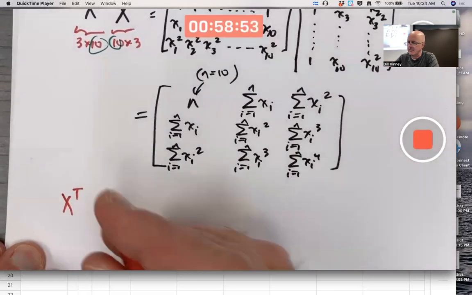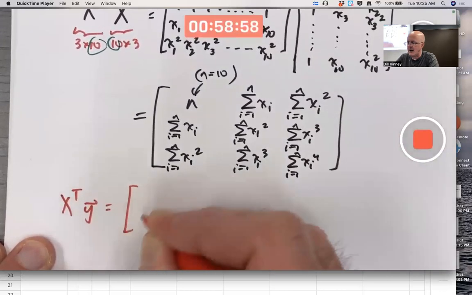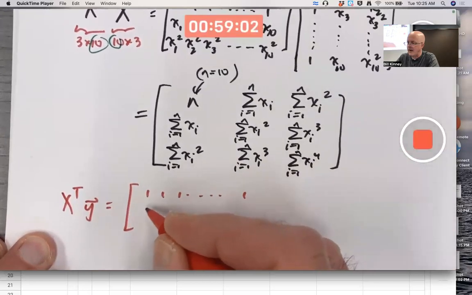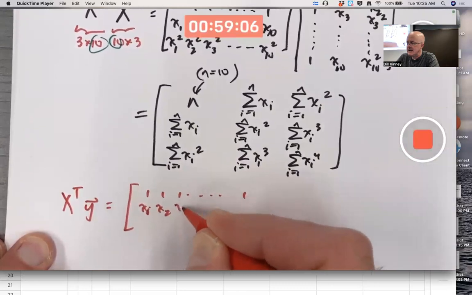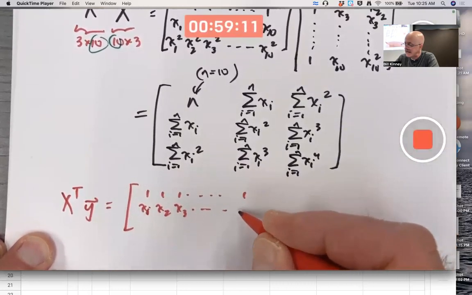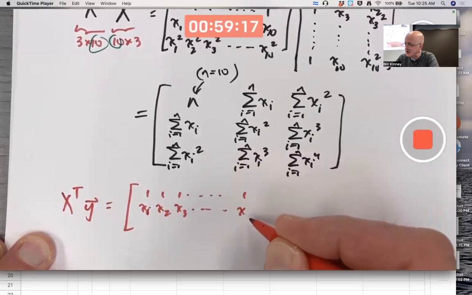That's not the vector I want here, but I am going to call it y. X transpose times y, where that y vector is the actual original y values from the data. Not the summations that I just showed you on the other sheet.